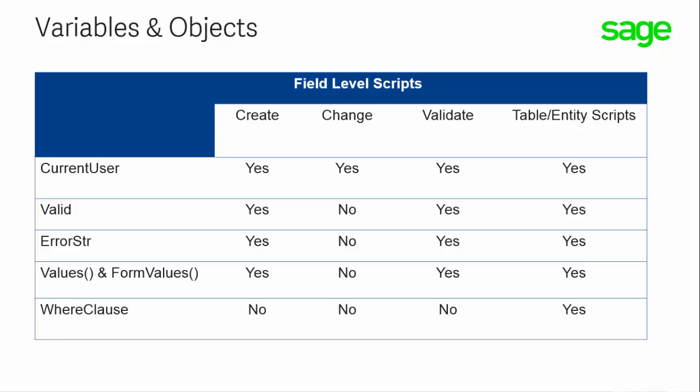And the values and form values are accessible again through server-side scripts. They're the passed-in values. Now, the where clause is special because we don't use it in create and validate scripts, because their referencing is provided through getContext, the contextual information, or the values method as it comes in. So it's only table level scripts that are using the where clause. That wraps up what I wanted to talk about with table level scripts.